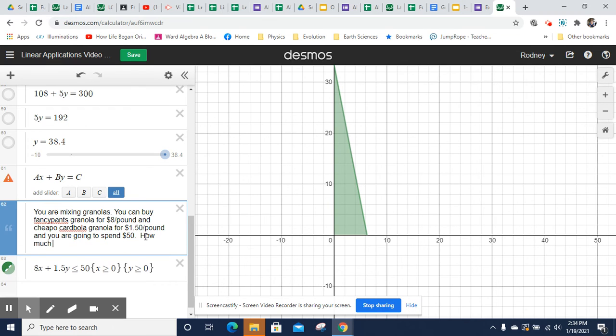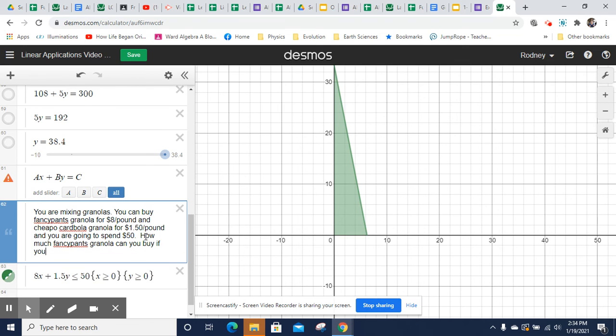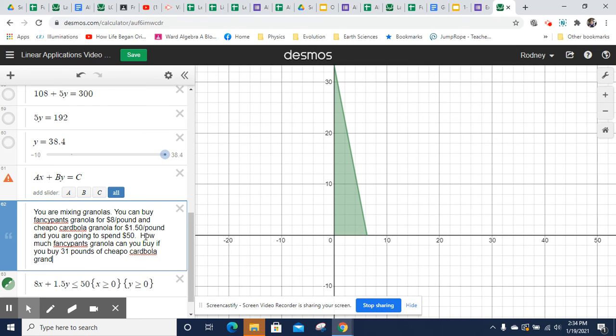How much fancy pants granola can you buy if you buy 31 pounds of cheapo Hardbola granola?